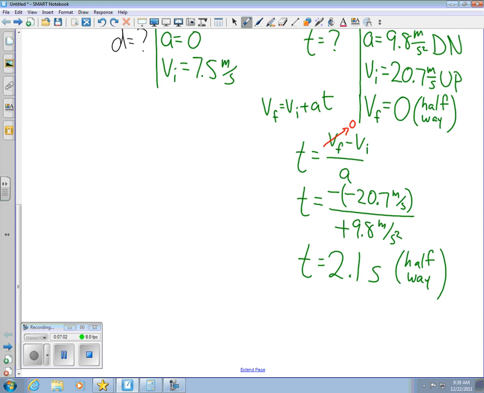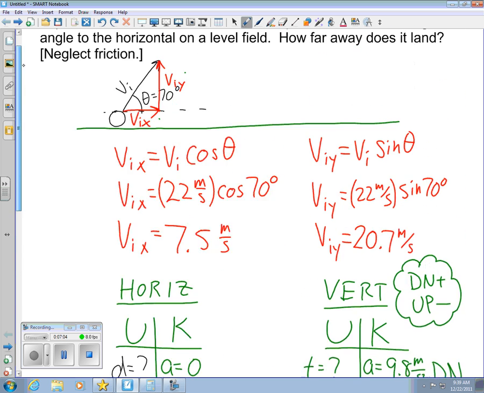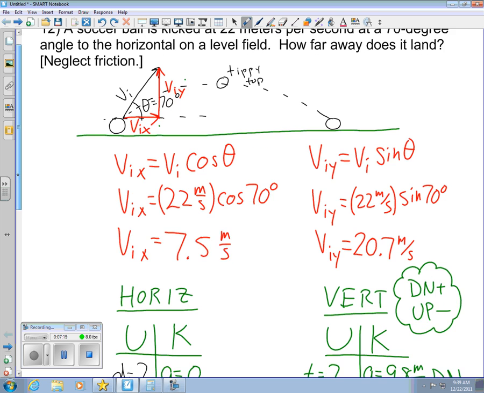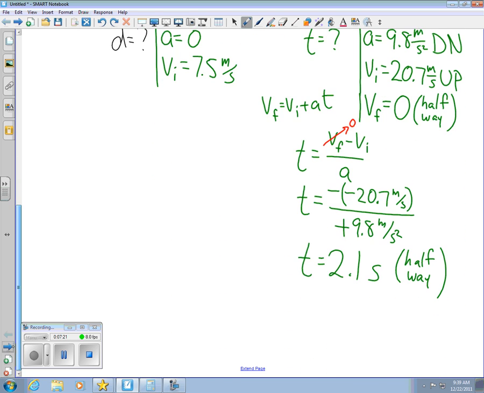So if I go back to my original drawing, if I draw in the actual path taken by this projectile, and it's going to land over here, I've found the time to the tippy top is 2.1 seconds.